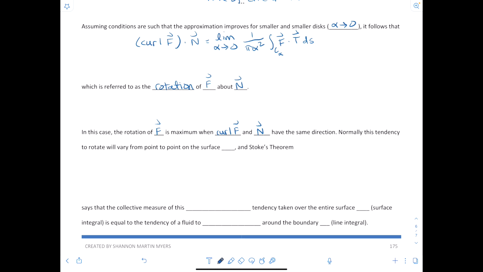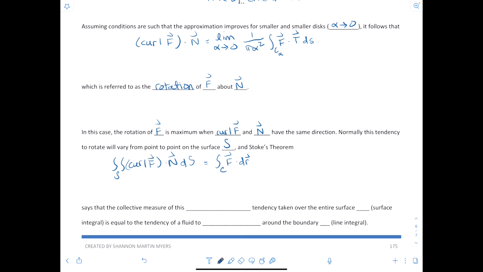Normally, this tendency to rotate will vary from point to point on the surface S. And Stokes' theorem says the surface integral of curl f dot n ds is equal to the line integral of f dot dr. That's our line integral.